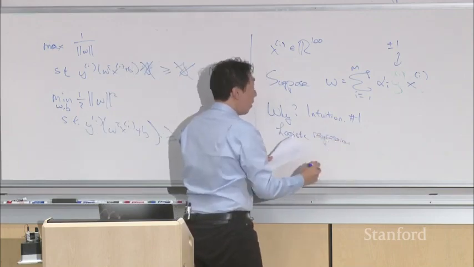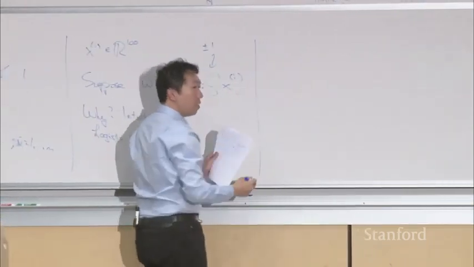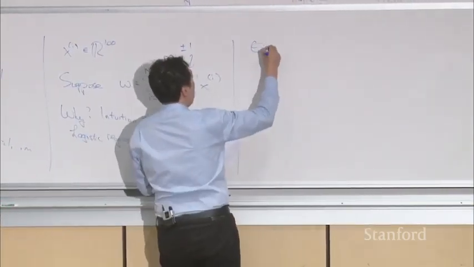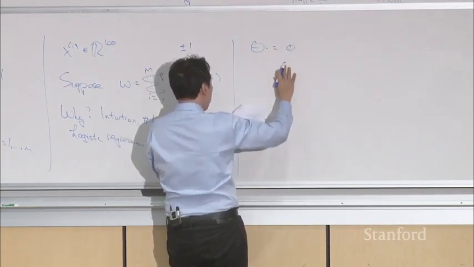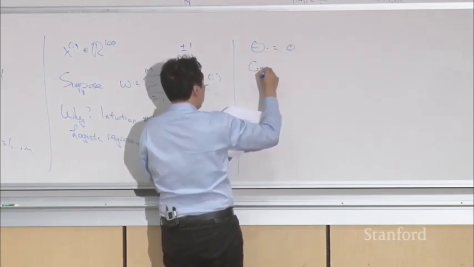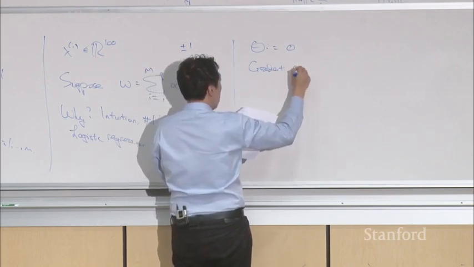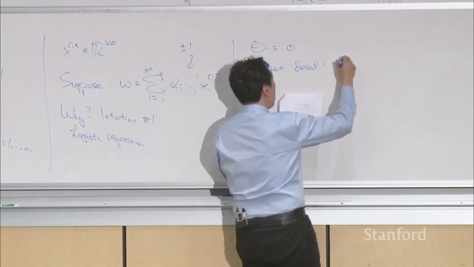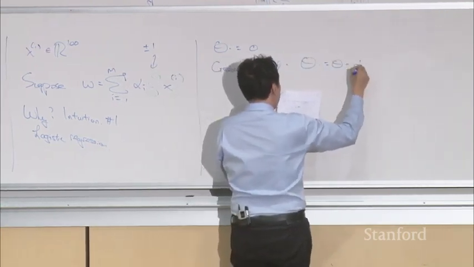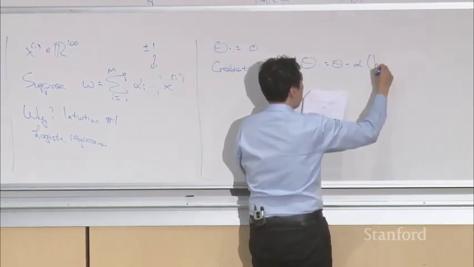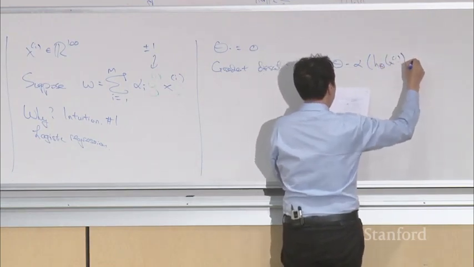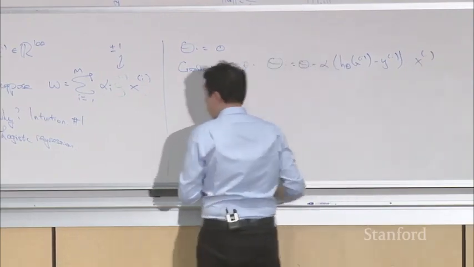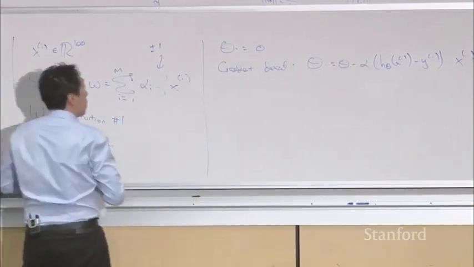Suppose that you run logistic regression with gradient descent, say stochastic gradient descent. Then you would initialize the parameters to be equal to 0 at first, and then for each iteration of stochastic gradient descent, theta gets updated as theta minus the learning rate times the error times x_i, okay?